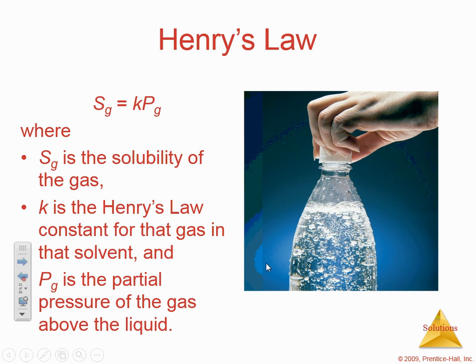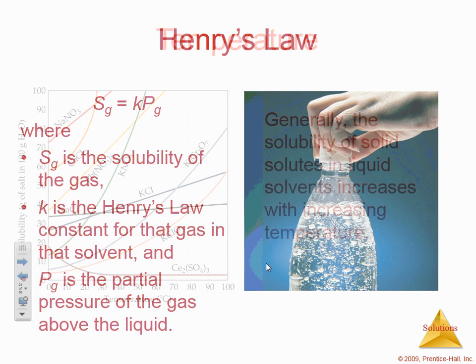K is a constant for the gas in the solvent, so the gas determines the K value, and Pg is the partial pressure of the gas above the liquid. A lot of times you'll be given K and either Sg or Pg, and asked to solve for the other. We'll do a couple of those examples in class.